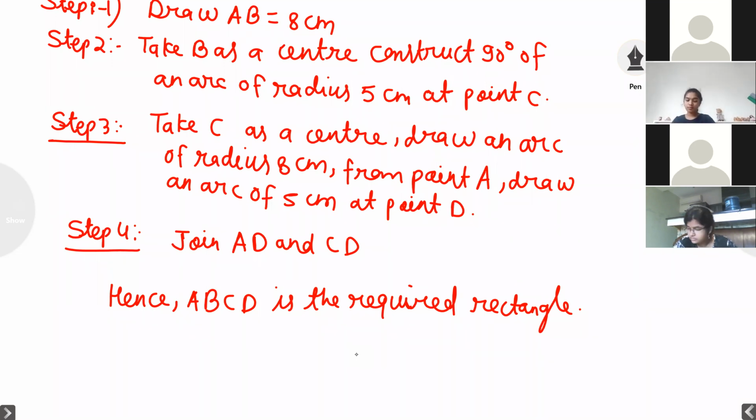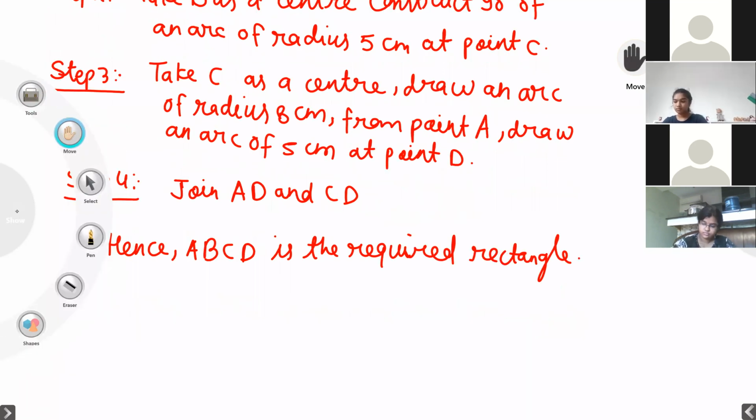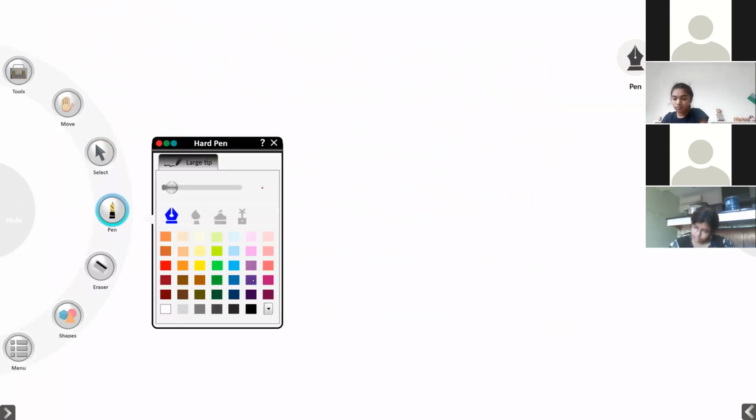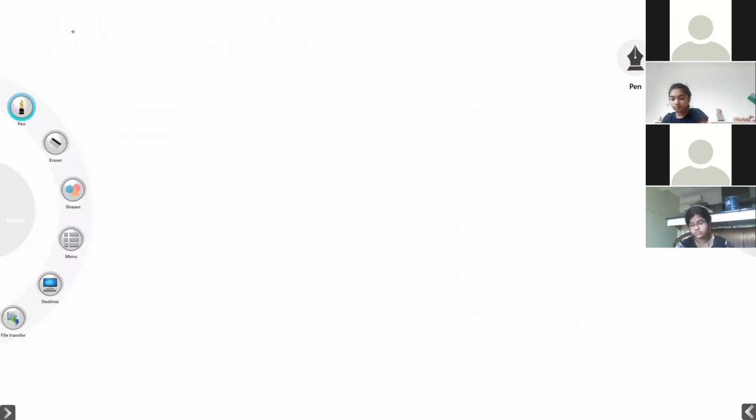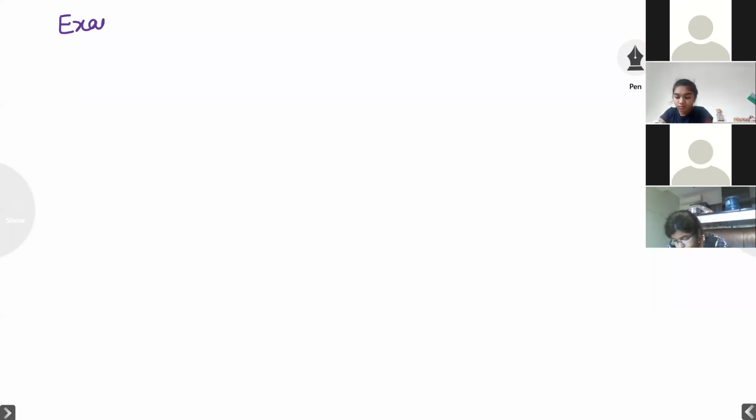Example 2. Note down everyone, example second.